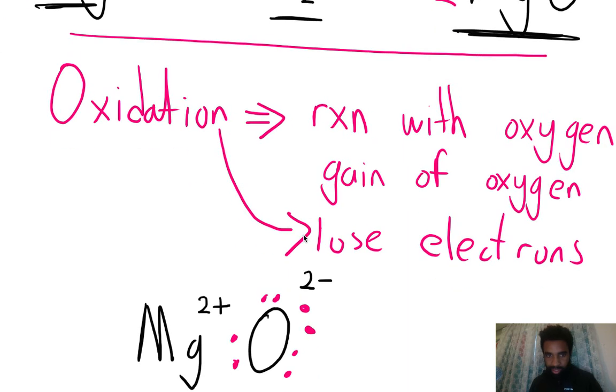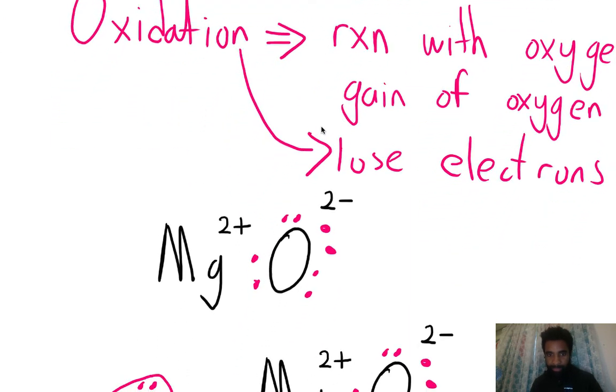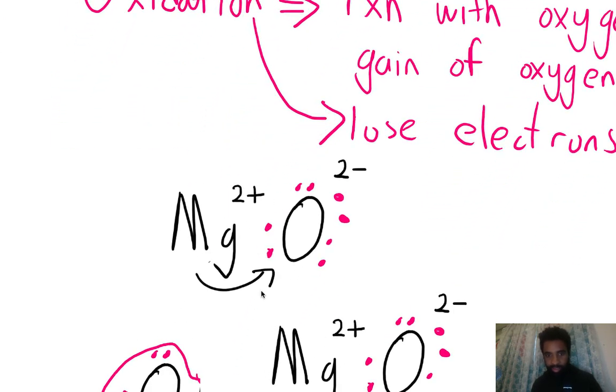And so now notice, oxidation is the reaction with oxygen. Magnesium has reacted with oxygen, but what it's really done is it's lost its electrons to oxygen. If oxygen is binding to magnesium, its agenda is to steal magnesium's electrons. And it has done just that. And so we can say that magnesium has been oxidized.